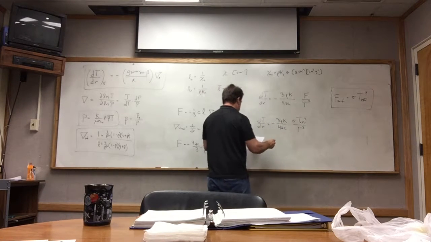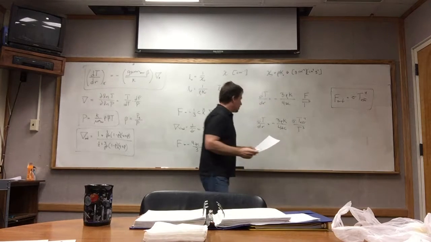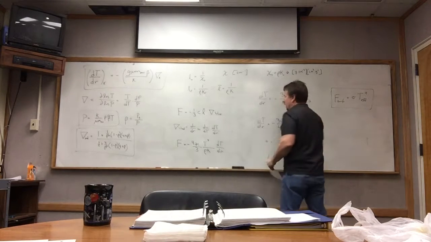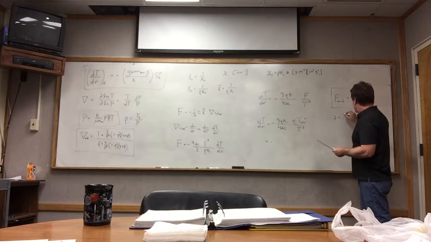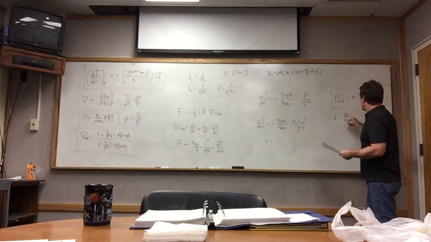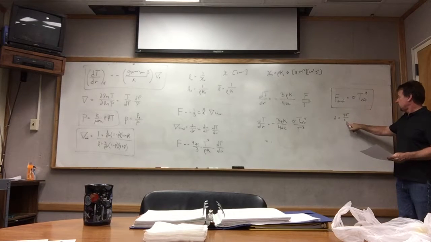There's also one more thing. That constant A, you can also show from the black body that this is equal to 4 sigma over c.